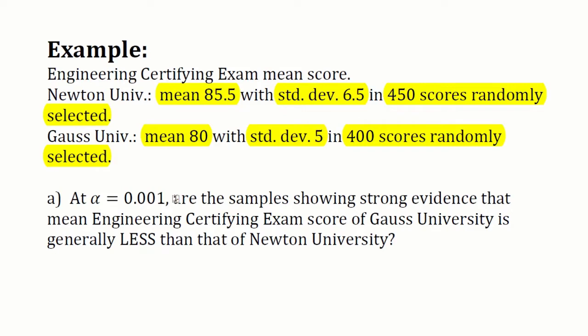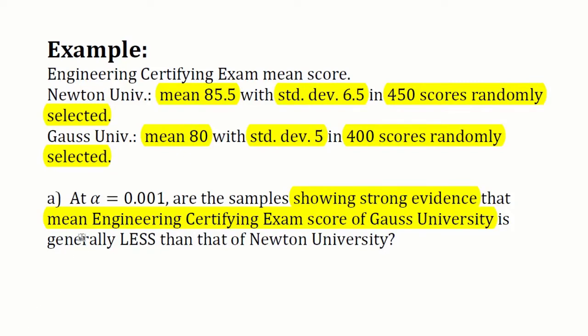So the first thing that caught my attention here is that the question brought up a testing hypothesis problem. Are the samples showing strong evidence that, so the comparison statement that we're testing as a hypothesis is saying that we want to prove that the mean certifying exam score of Gauss University is generally less than that of Newton University.